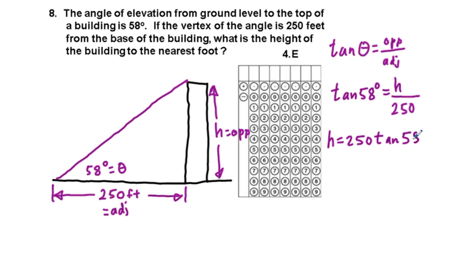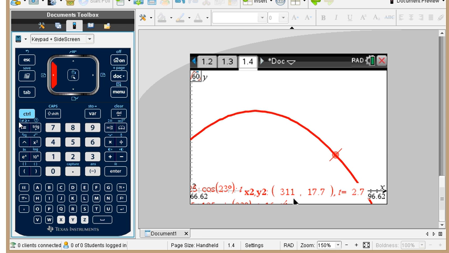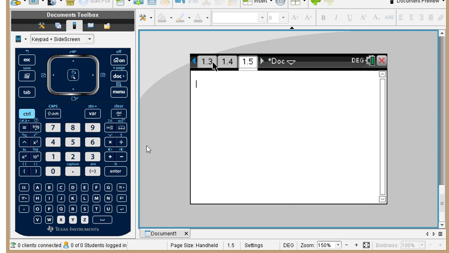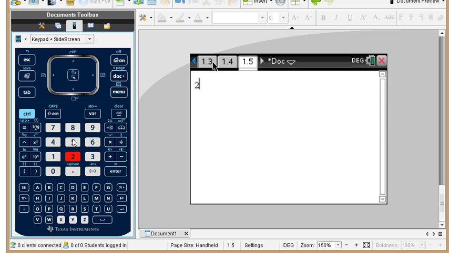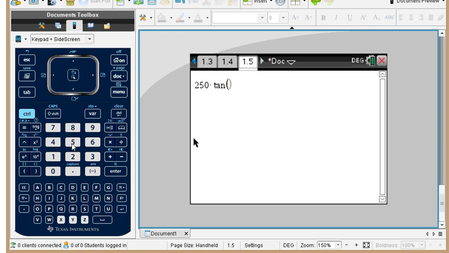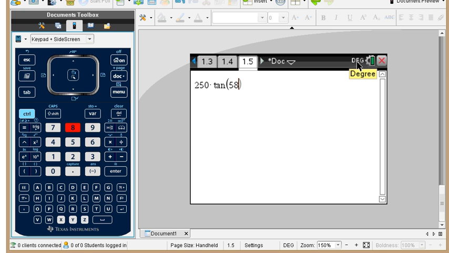Now, I know some of you might want to use your numerical solve at this level right here. We can go to our calculator and get another page. And we have 250 times tangent of 58 degrees. And we see that our calculator is in degrees mode, so we get 400.084.